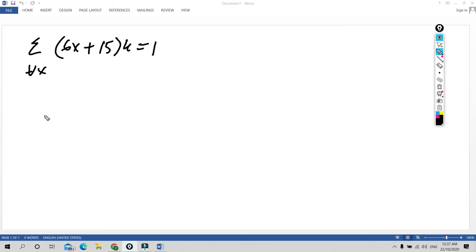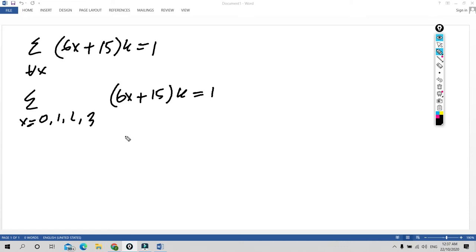The value of x is 0, 1, 2, and 3. So 6x plus 15k is equal to 1. To solve this one, you just plug in 0 to 3.